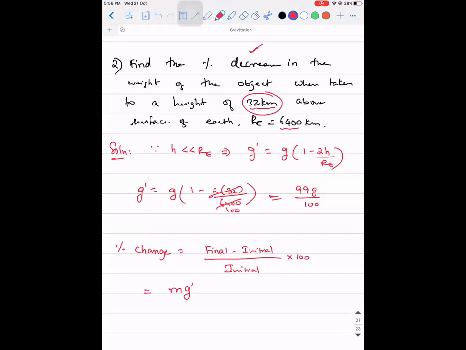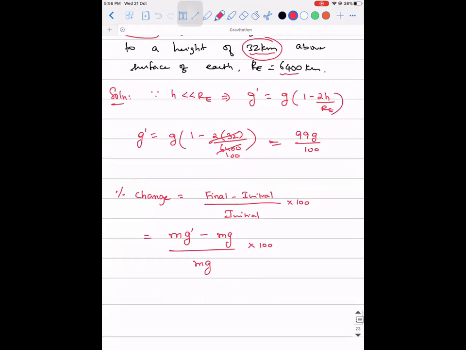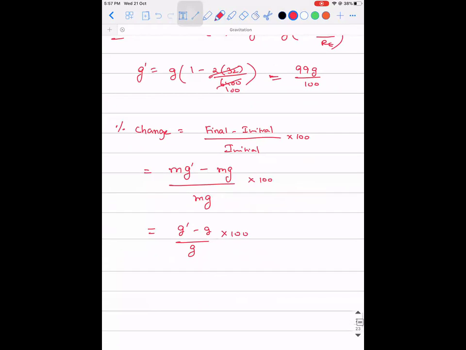Okay. So what is the final value that you have? m into G dash, minus the initial value mg, divided by the initial mg, into 100. Why I wrote m is because they didn't ask the decrease in acceleration due to gravity. They asked the decrease in weight. So if you take out m, then it will be G dash minus g the whole divided by g into 100. So G dash is what? 99 g by 100 minus g, by g, into 100.